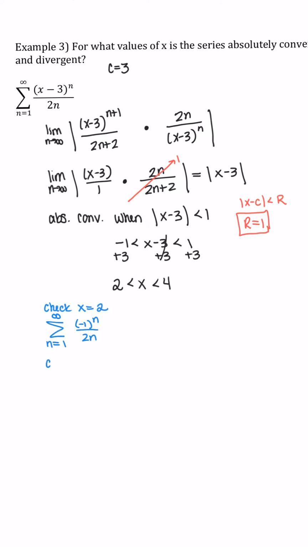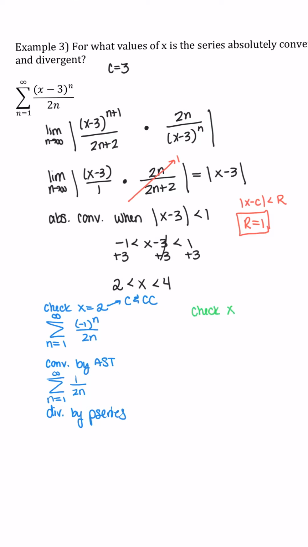I know that this is going to converge by the alternating series test, but then I need to consider its absolute convergence. So when I take the sum from n equals 1 to infinity of the absolute value, I would have just 1 over 2n. And I know that this diverges by p-series, because we've already done it here in these notes. So therefore, at x equals 2, it is convergent and conditionally convergent, but not absolutely convergent.